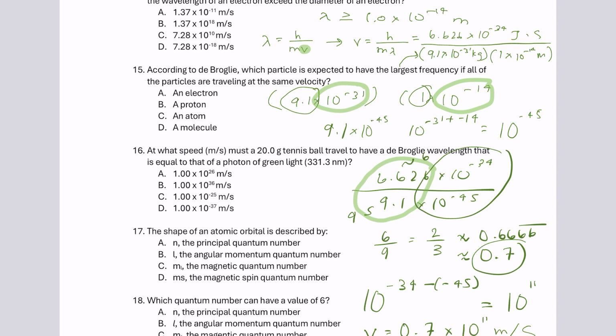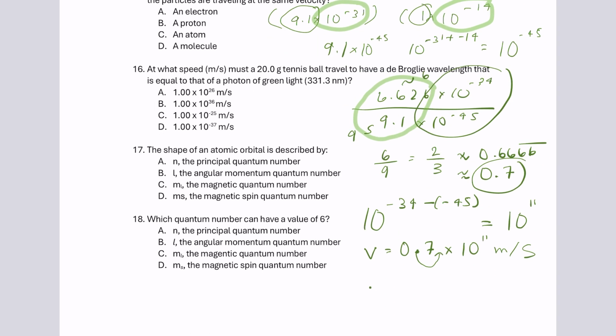We're going to go ahead and do one more change to this value. We're going to move this decimal over to the right one place. And now we have 7 times 10 to the 11 minus 1. When we move the decimal to the right, we subtract from the exponent.